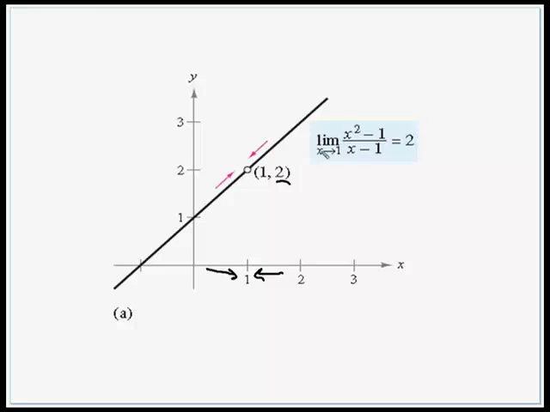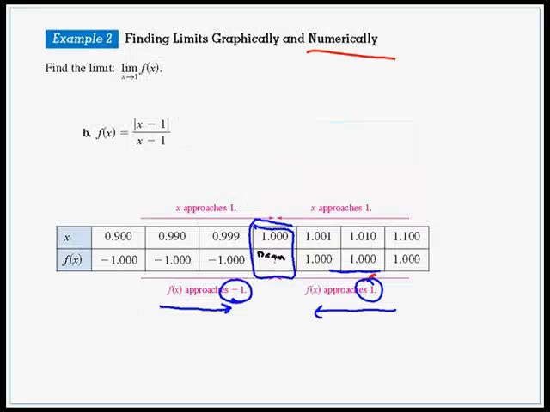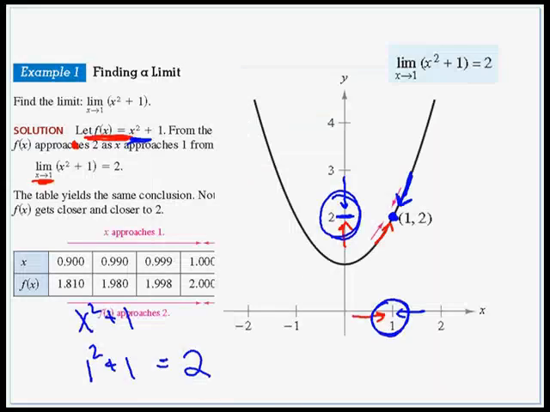Just because we don't have an output value, if we plug 1 in, there's a hole in the graph, we don't get the output value of 2. Just because the function's not defined there at that point doesn't mean that the limit doesn't exist. As we approached from either side, it sure looked like we were approaching 2. That was our limit. Even though the function is not defined, the limit still exists.